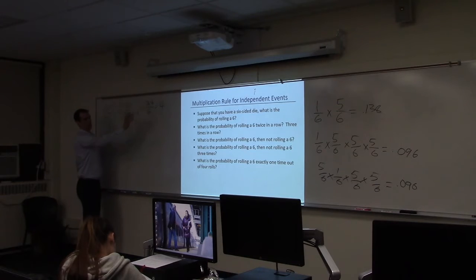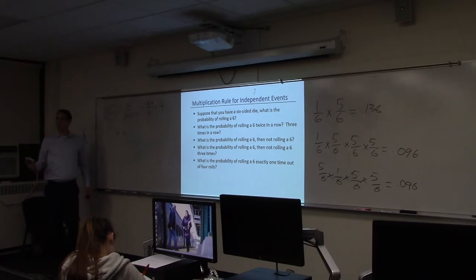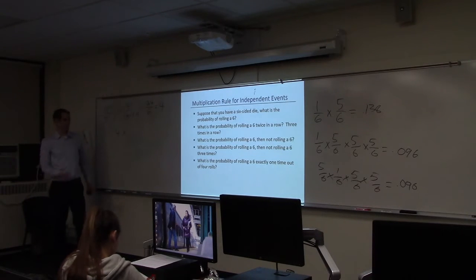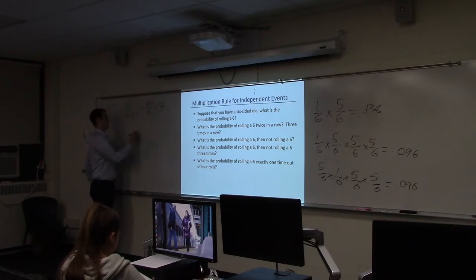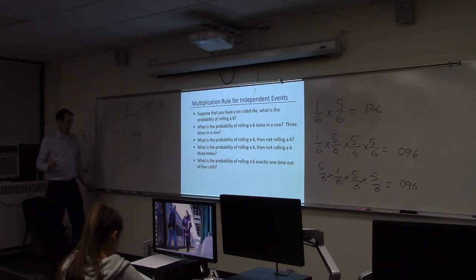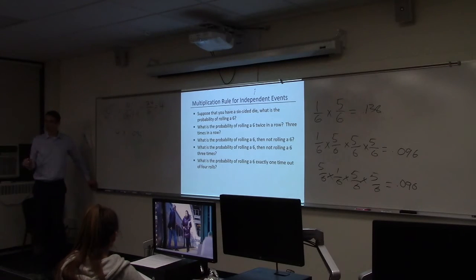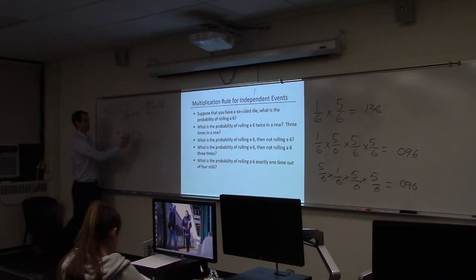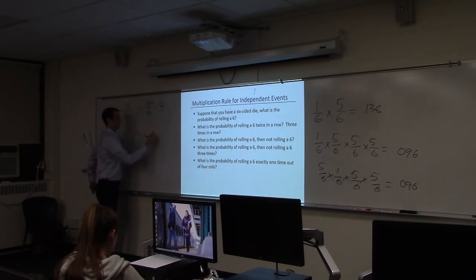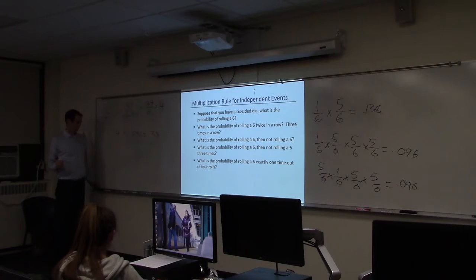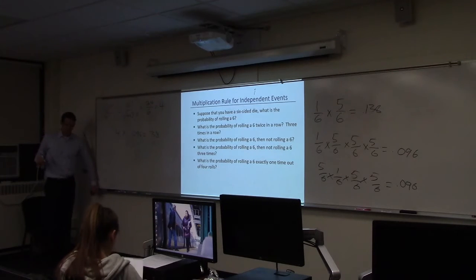So how we got to the answer is we took 4 times the probability of it happening each time, 0.096. And we got our answer of 0.38. All right, how are we feeling with that?